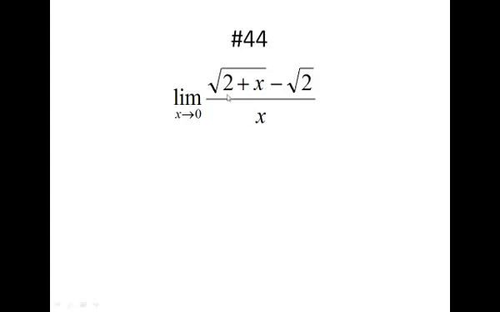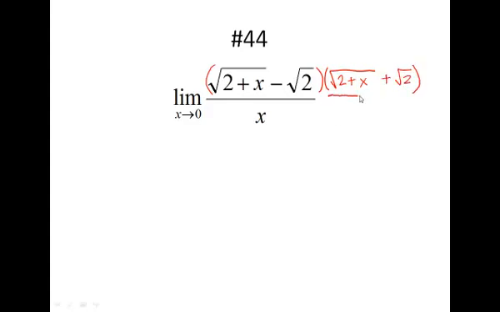And as a reminder, what a conjugate is, if you have this type of factor where you have an expression minus an expression, what you're going to do is multiply it by almost exactly the same thing except it takes on the opposite operation. So instead we're going to be multiplying by 2 plus x. Instead of subtraction, we're going to be adding the square root of 2.